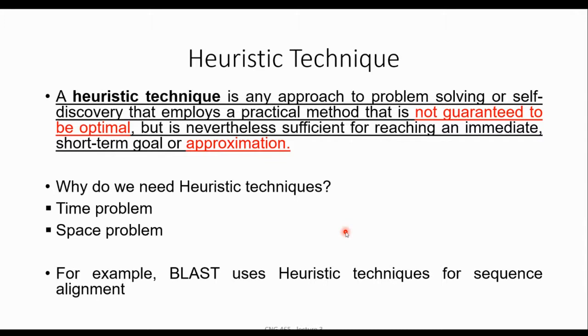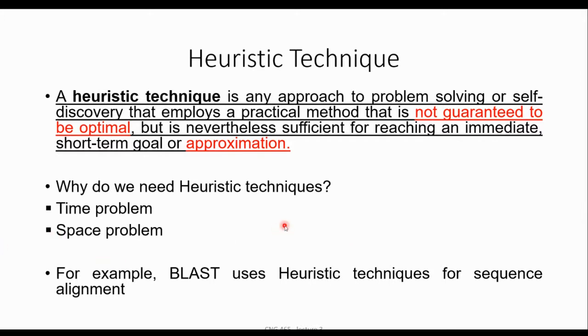In dynamic programming, I showed you in pictures that we use a path. It's not 100% the best answer, but at least it shows us some possible path which could be useful. So that's why heuristic techniques can be useful in order to save time.